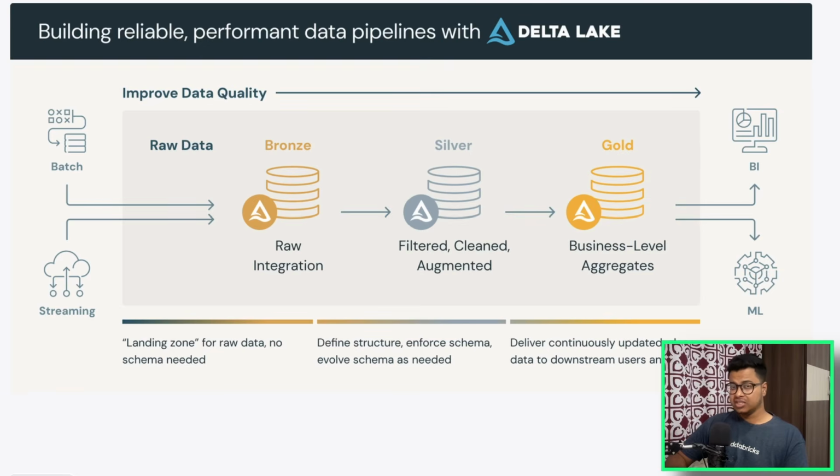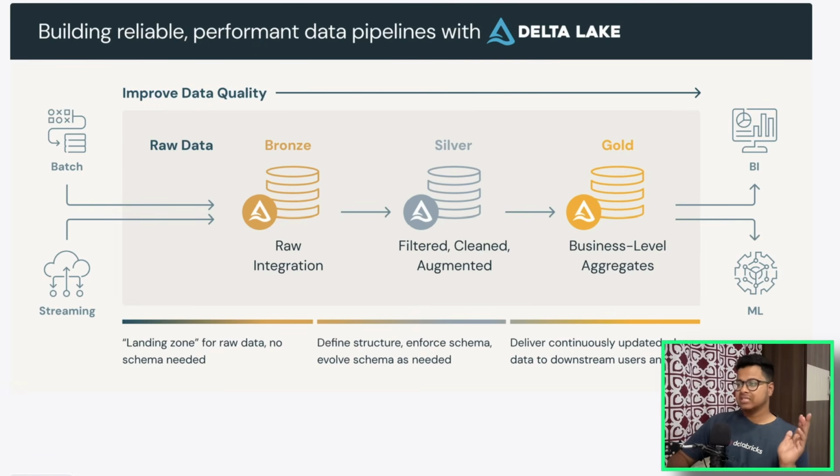So this is the raw ingestion. Whatever data you get in your raw systems, you just store it. Then you filter it, clean it, augment it, then you store it into silver, and then you define the business-level aggregates. So this is the gold data, and from here you get all the reporting and all the ML stuff. So this is a guideline that you have, right?